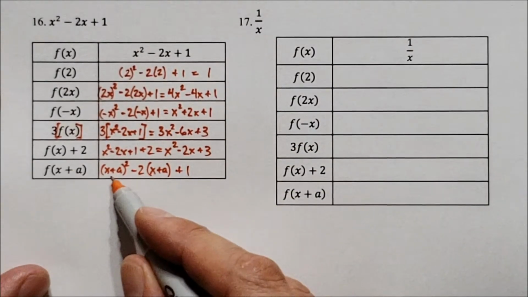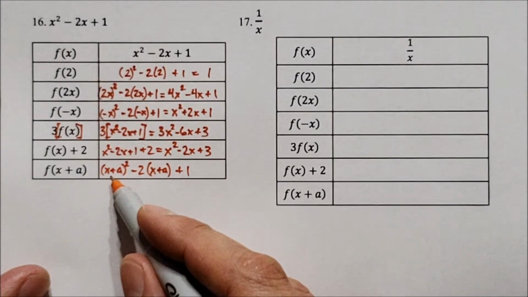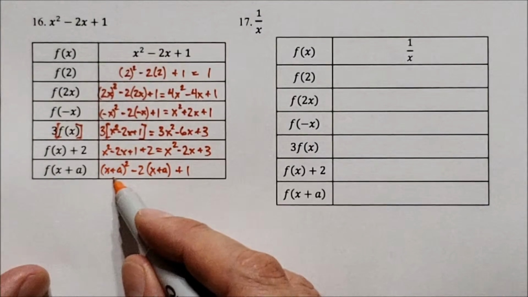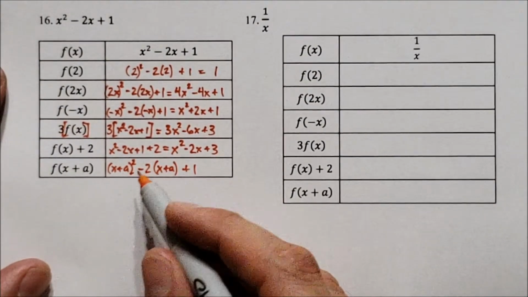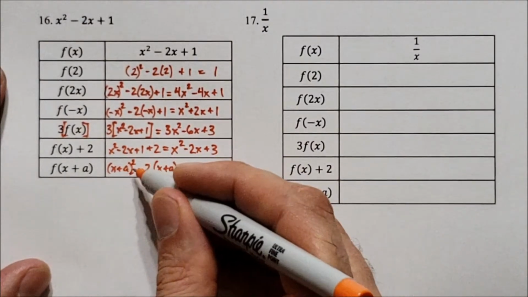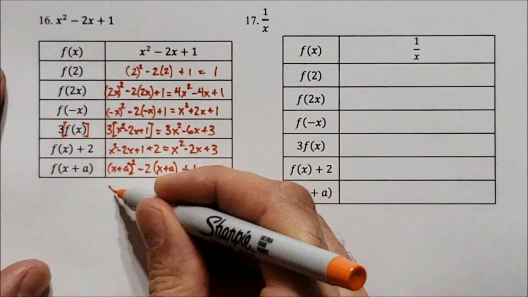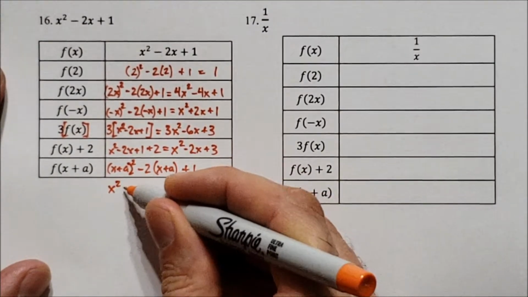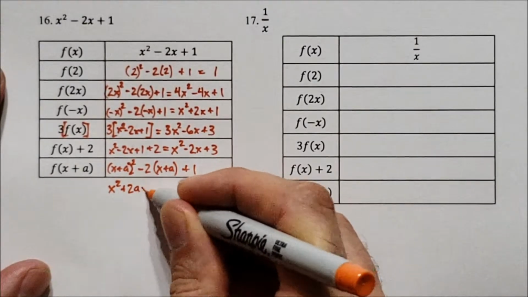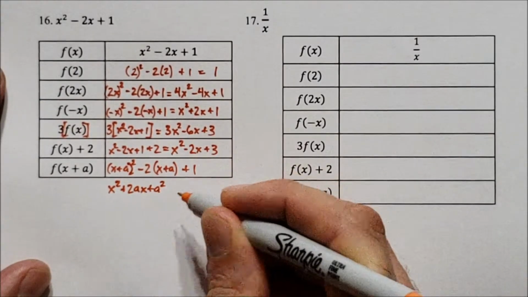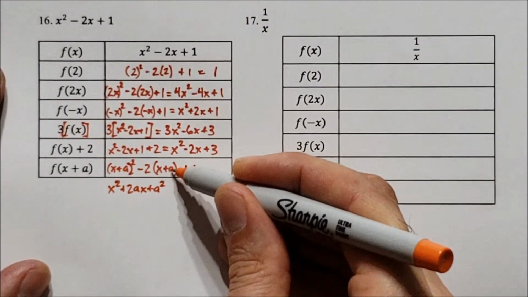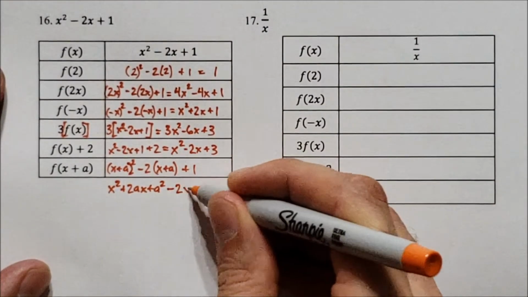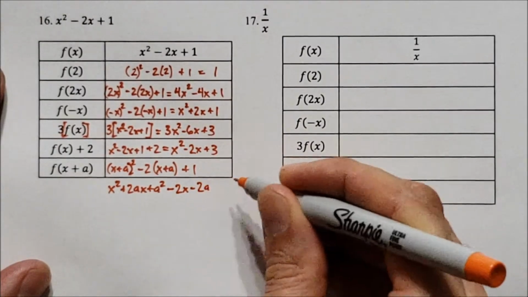You can use FOIL, you can use double distribution, you can put them next to each other and use your rainbows, whatever process you'd like. You can do a vertical stack or use the box method, but we know this is one of the special cases, so we'll cut to the chase. This is x squared plus 2ax plus a squared. Then we distribute the 2 to the x and the a, so it's negative 2x minus 2a.